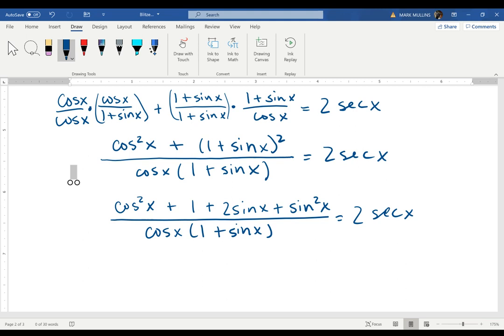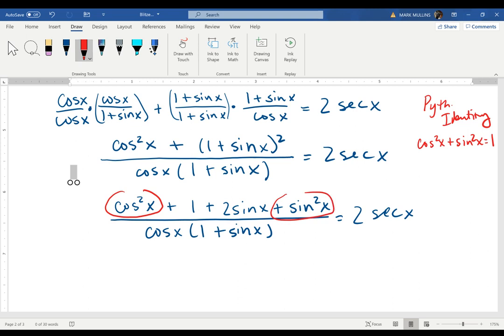All right, let's see. So I have that Pythagorean identity, and we're going to just keep going back to those. Pythagorean identity that cosine squared x plus sine squared x equals 1. So that means I can take out these two and substitute in a 1 instead.